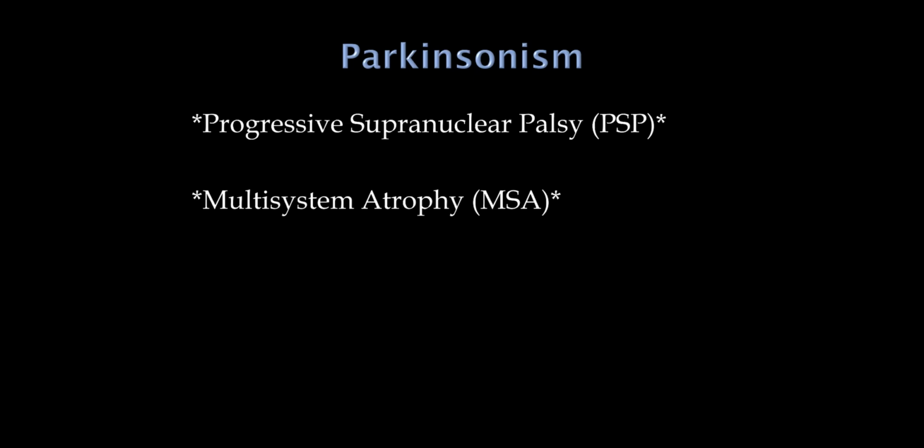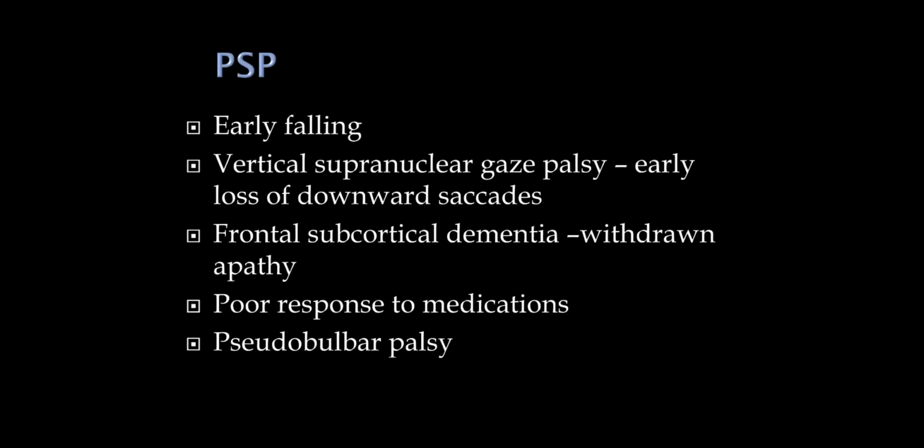Now, Parkinsonism refers to the patient having features of Parkinson's disease, but there are some different features. Probably the two most important here in terms of neurodegenerative diseases would be progressive supranuclear palsy and multisystem atrophy. So remember I said with Parkinson's, falling is a late feature.